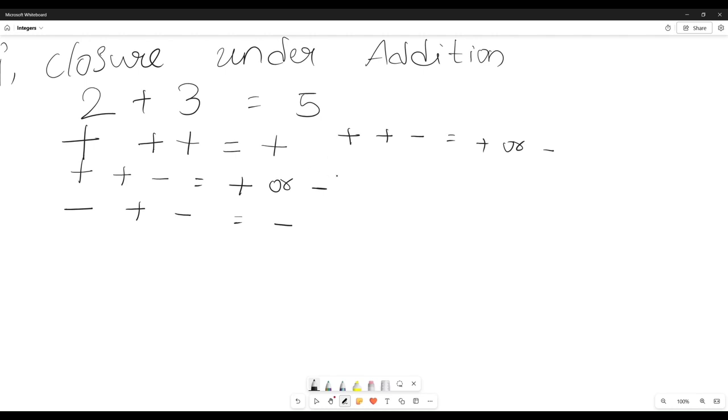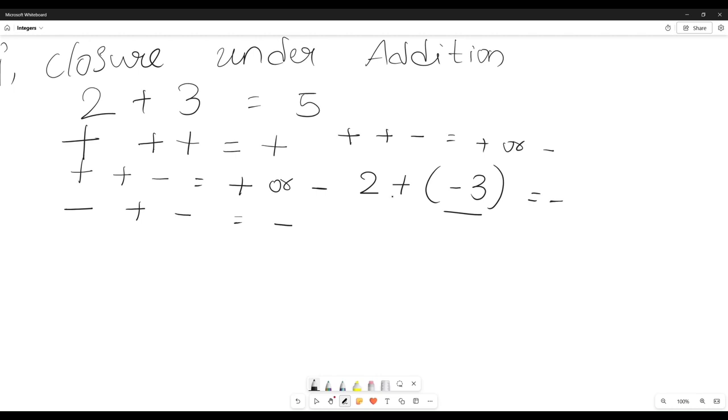For example, 2 plus minus 3. Here, 3 is the bigger number, so we get the negative sign.